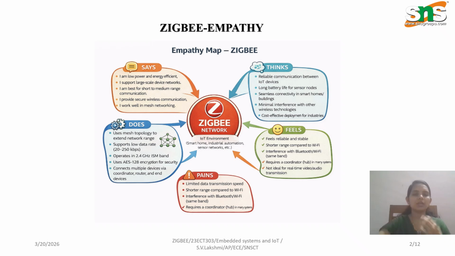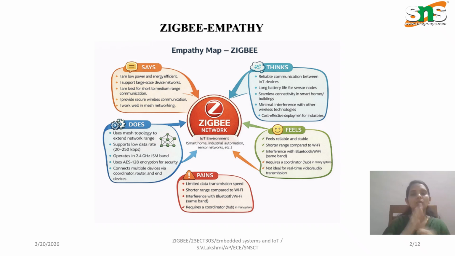Before talking in detail about this protocol, we first need to apply the design thinking stages, where we first discuss the empathy part. When empathy is concerned, we have to consider user groups like IoT developers, embedded system engineers, smart home users, and industrial automation designers.